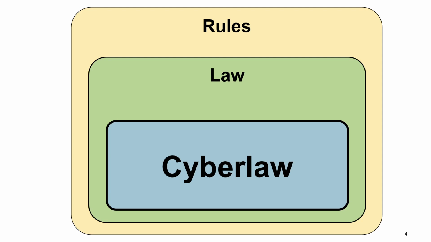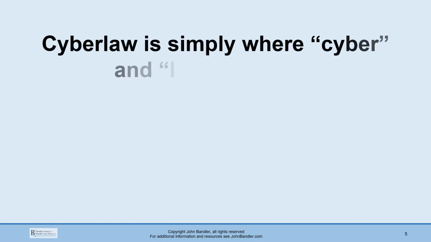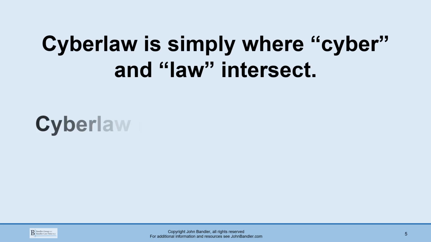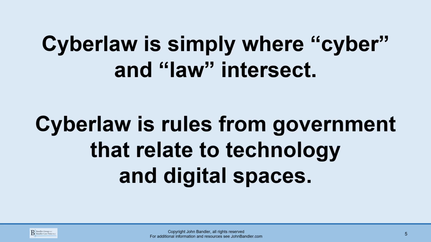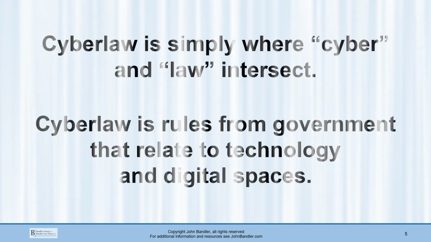Cyber law is a type of law. So that really helps me and a lot of students think about law and cyber law, putting them in context of each other. So basically, cyber law is simply where cyber and law intersect. Cyber law is rules from government that relate to technology and digital spaces.